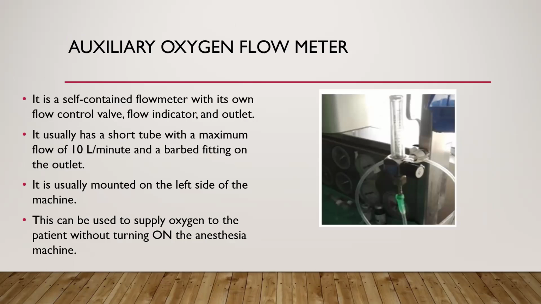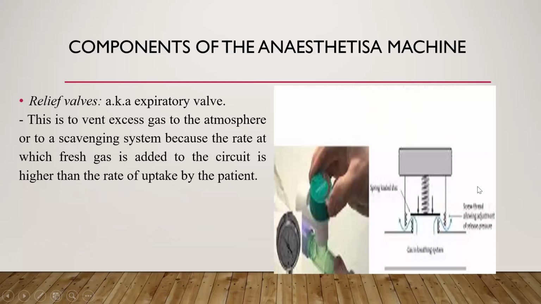It usually has a short tube with a maximum flow of 10 liters per minute. It can be used to supply oxygen to the patient without turning on the anesthesia machine. Sometimes it can even be used during recovery or when you are waking your patient from anesthesia.